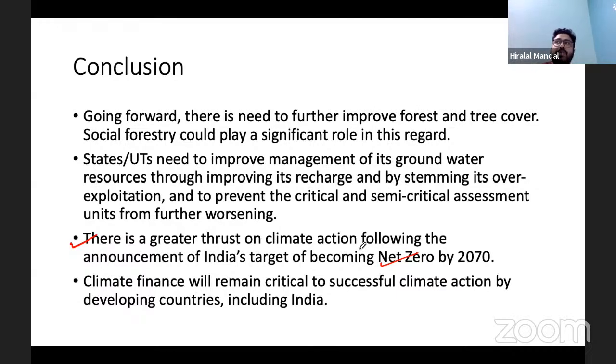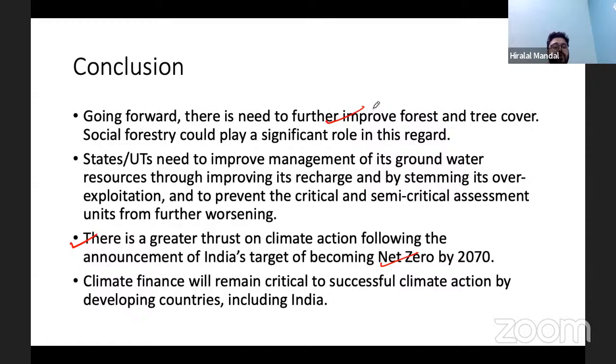It is important that it is able to ensure climate finance to fund those projects. At the same time, it is important for India to improve its forest and tree cover. That is also one of the ways through which we can enhance carbon sinking and reduce carbon emission in the country.